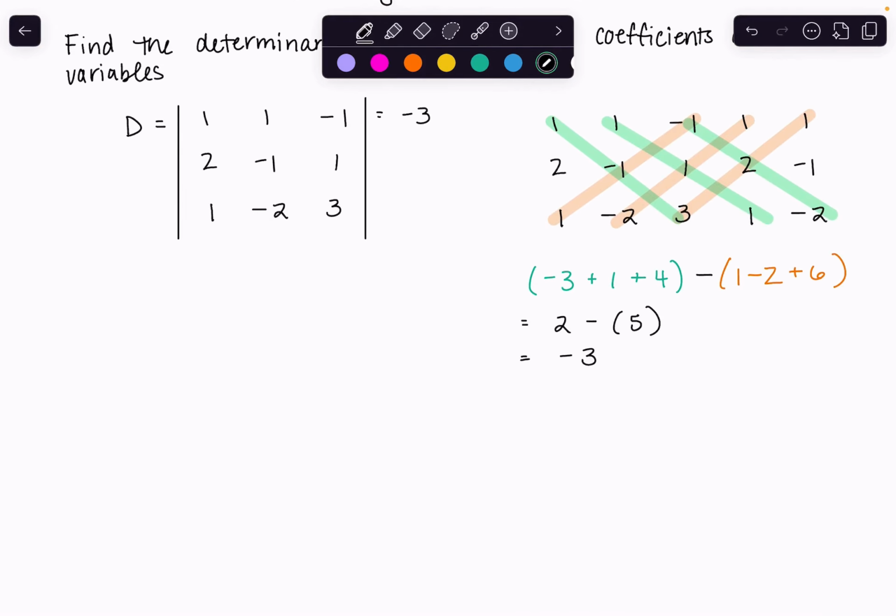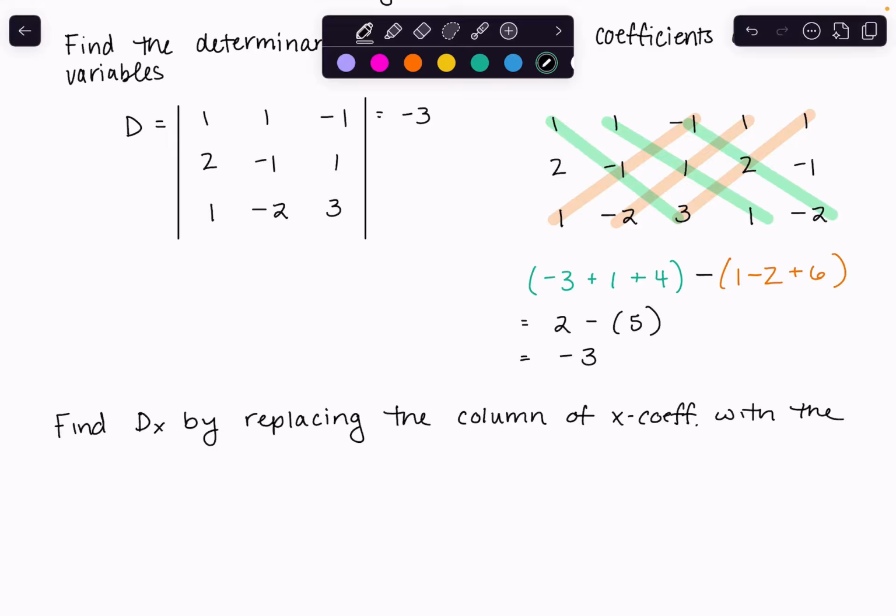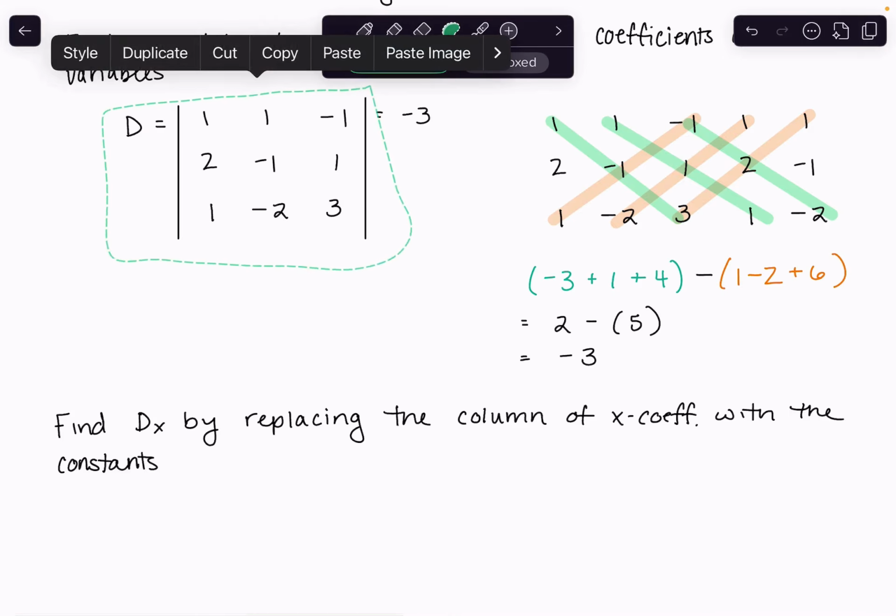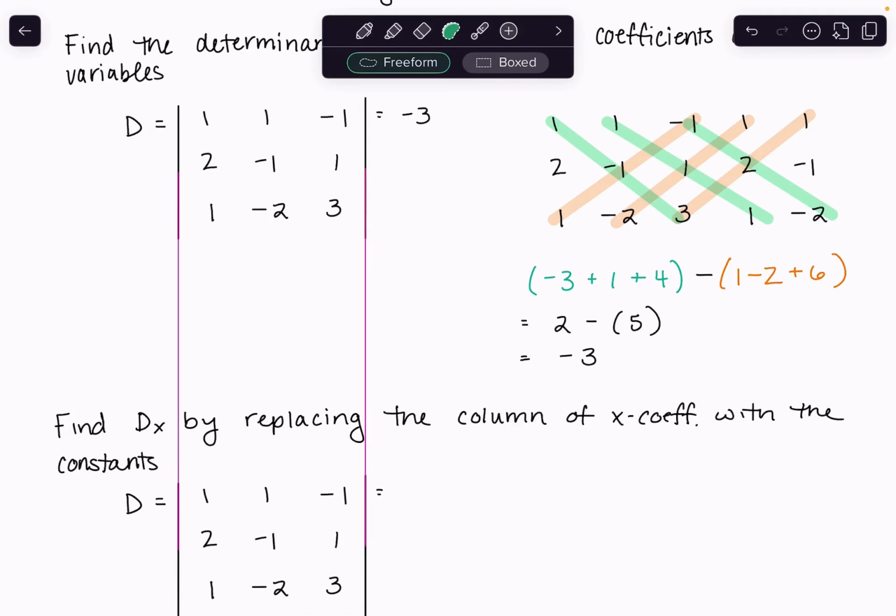So now we're going to find d sub x by replacing the column of x coefficients with the constants. Or you can call it the answer column. Okay. So again, I'm going to cheat because this is a lot of writing.